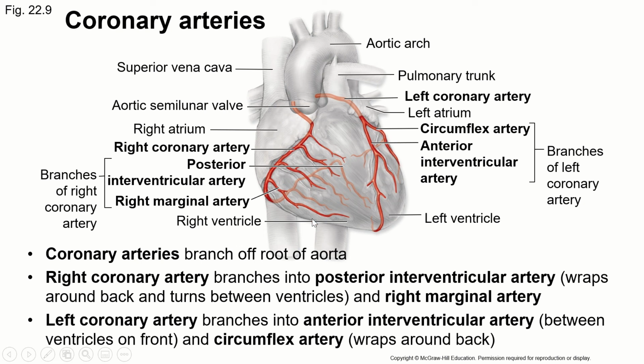Okay, you don't need to know all these other branches unless you're a heart surgeon. So, right coronary artery, right marginal artery, posterior interventricular artery, left coronary artery, anterior interventricular artery, circumflex artery. Okay, so that's six that you need to know of the coronary arteries.